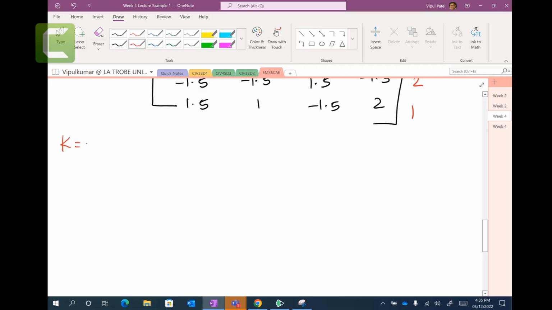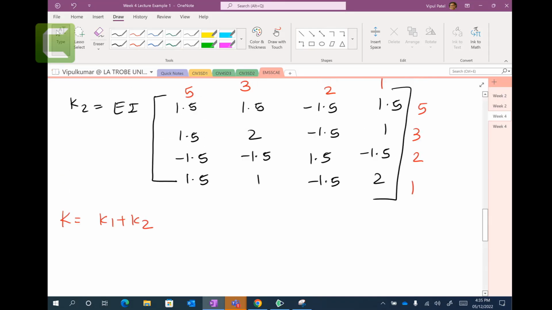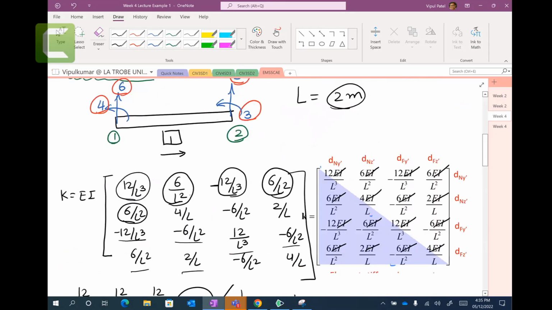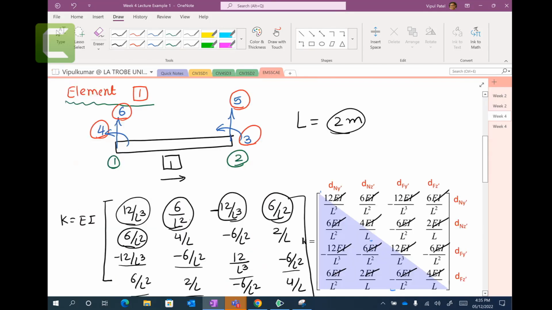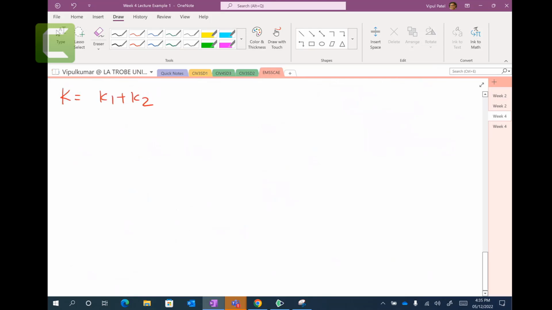Capital K is equal to K1 plus K2, which is your stiffness matrix. Now, what is the total degree of freedom here? You can see we have a total degree of freedom of 6 because you have 3 nodes: node number 1, node number 2, node number 3. Maximum number is 3. 3 times 2 is 6. So we need a 6 by 6 matrix. Capital K, EI is constant.